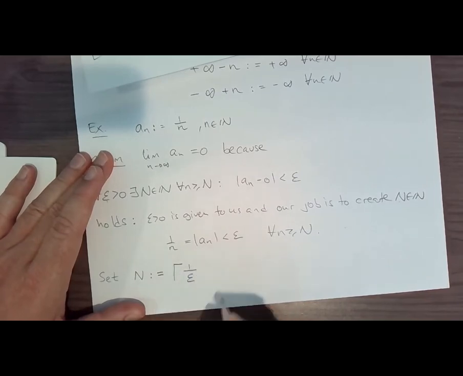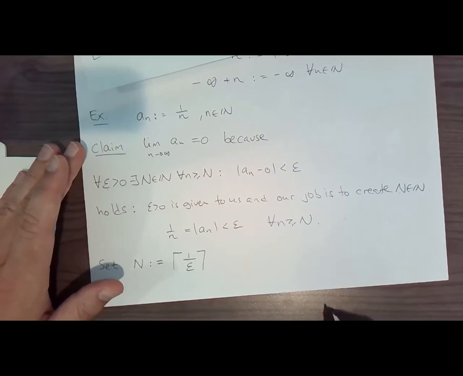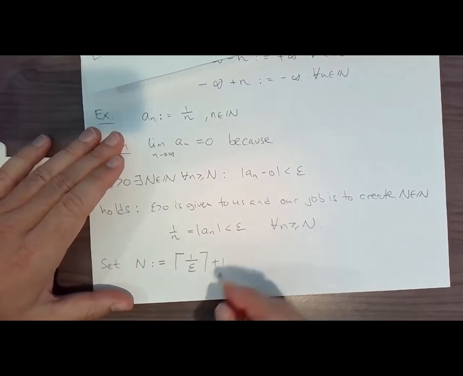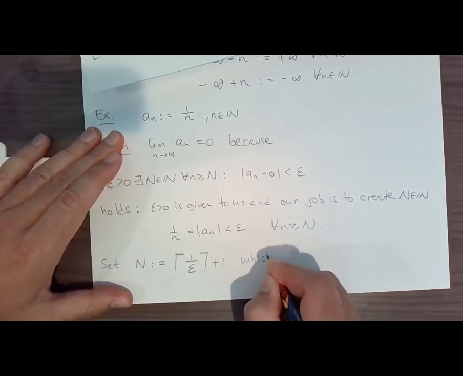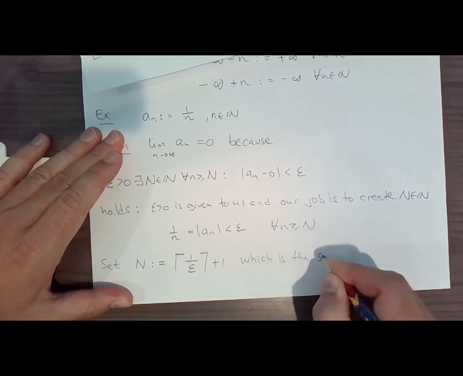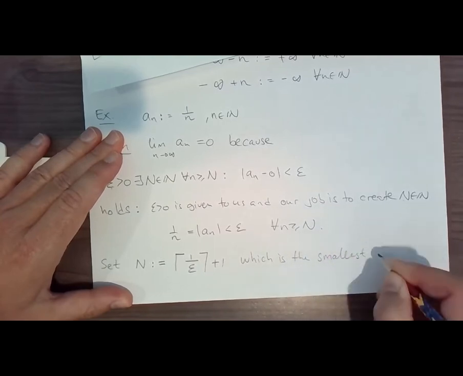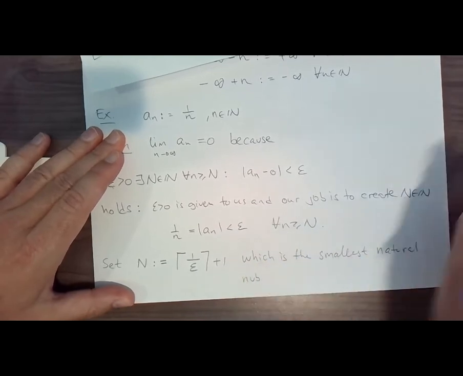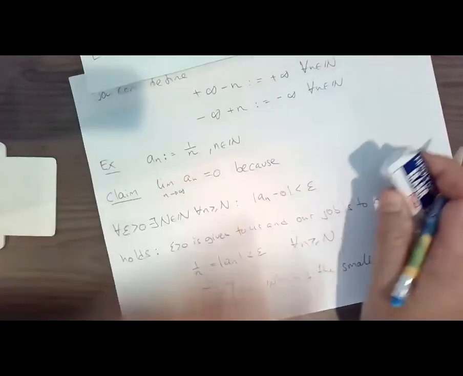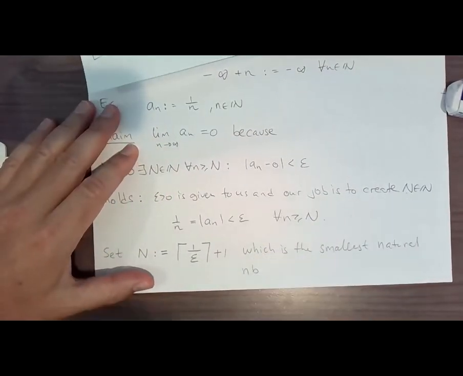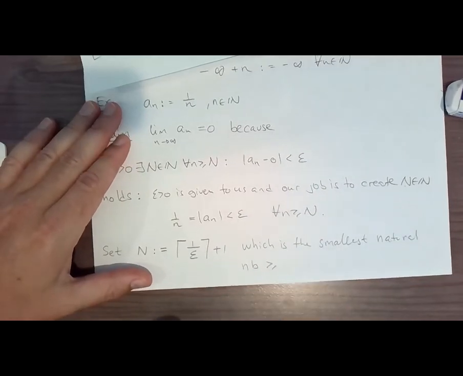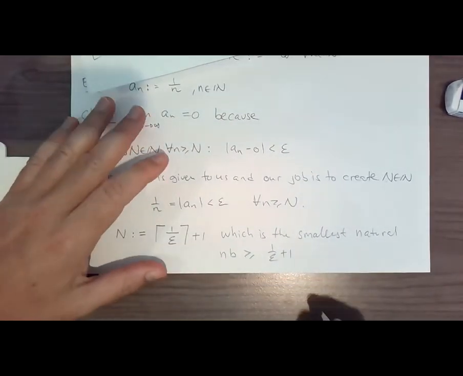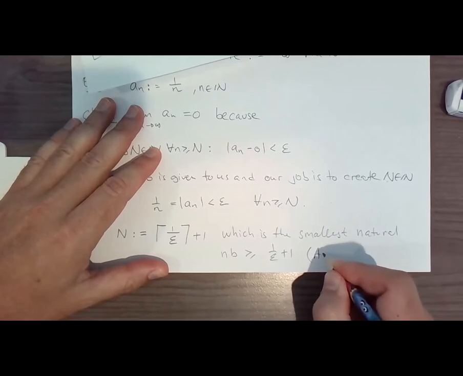So I'll have 1 over epsilon, in these funny brackets, and let me put an extra 1 here just to be sure. This is the smallest natural number which is bigger than or equal to 1 over epsilon plus 1. Such a number exists, and this is the Archimedean property that we discussed last time.